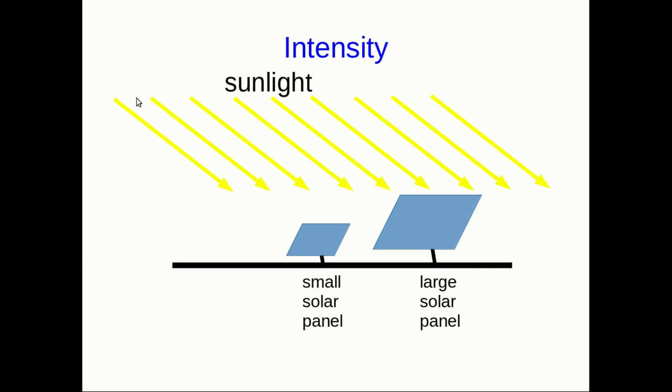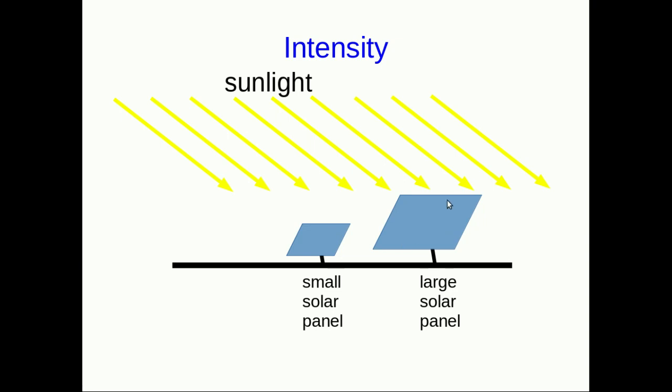The sunlight is carrying energy. So per unit time, a certain amount of energy arrives in any little area that you look at. And if the sunlight is the same brightness everywhere, then the same amount of energy per unit area arrives everywhere each second.